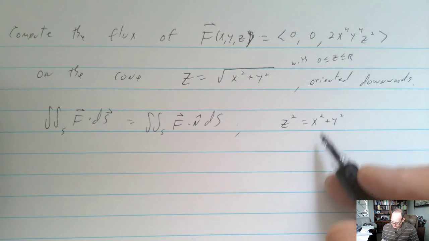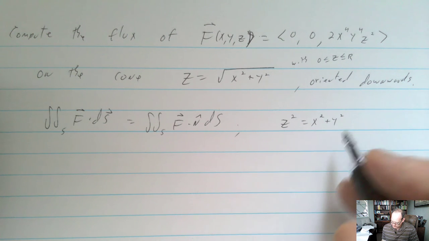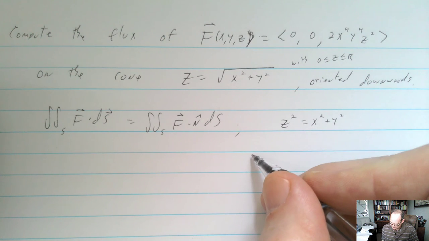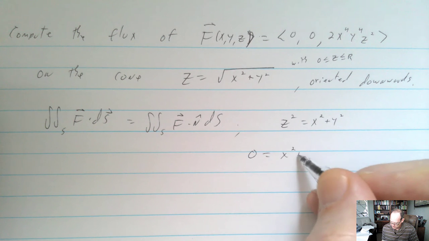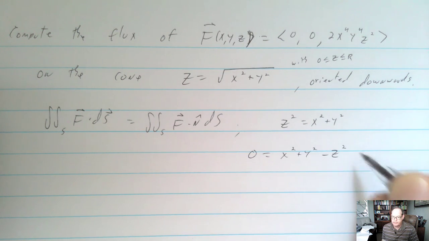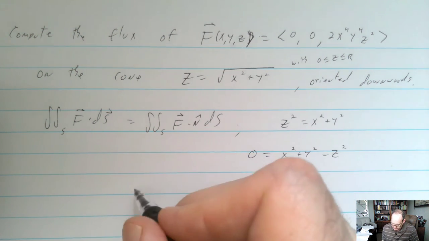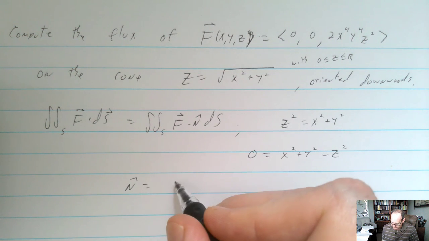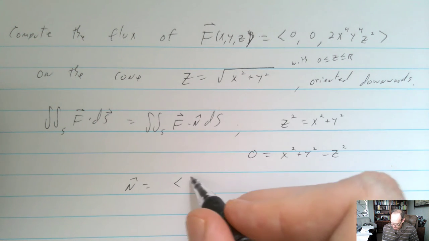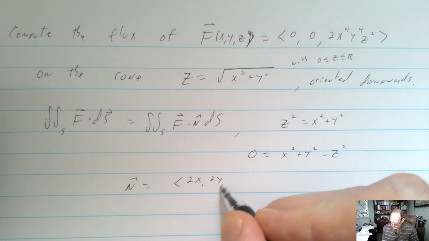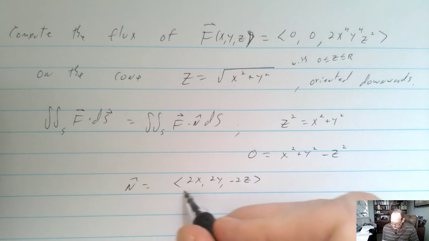Oriented downwards, so I want z negative, so let's move it this way. So we have 0 equals x squared plus y squared minus z squared. And then my unit normal would be the gradient, 2x, 2y, negative 2z.